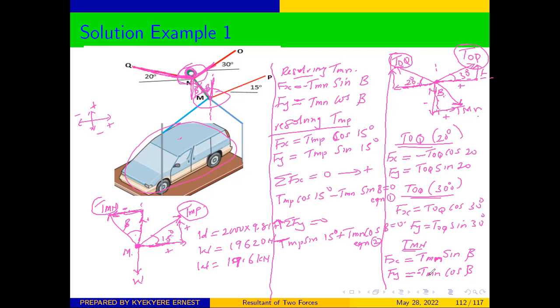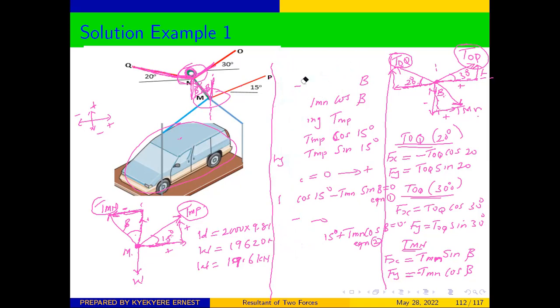Good. Now, having been able to do this, we can also write equilibrium equations for that portion of our diagram. Don't forget that our equilibrium equations are sum of f of x is equal to 0 and sum of f of y is equal to 0.